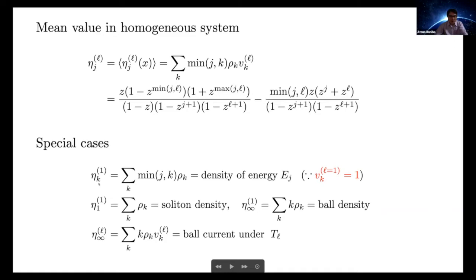Further, if you specialize K to 1, then this minimum disappears, and you count the total soliton density. And if I take K to infinity here, then you have this formula, and you get the ball density. And TL infinity is the ball current under TL dynamics, because I have the velocity factor here. So this certainly depends on L.